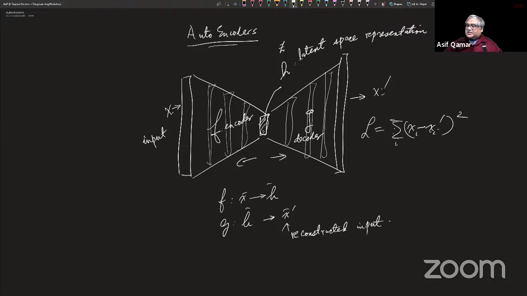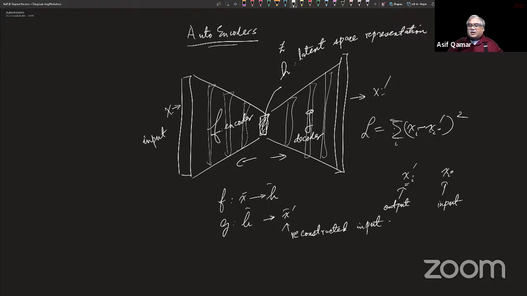The loss function, if you look carefully, is a very common sense thing. It is basically saying, what is the gap between the reconstructed input and the input? So this is the input. This is the output. And the output should be able to reconstruct the input, even though we have passed it through a bottleneck.